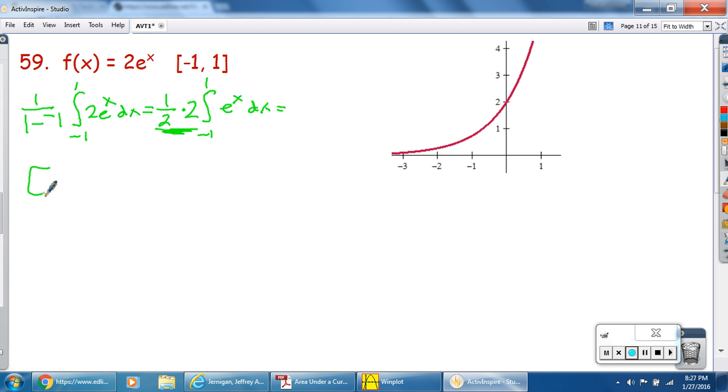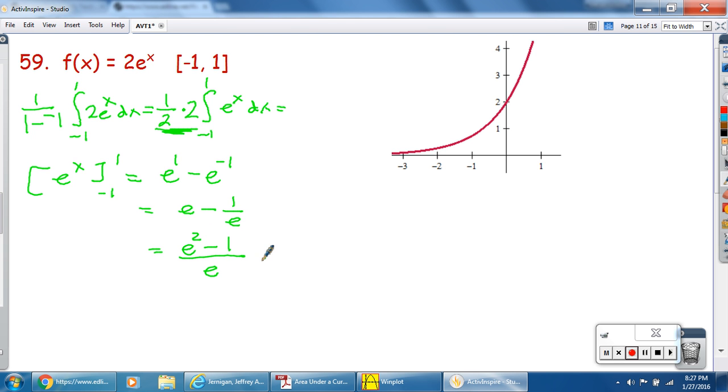And the antiderivative of e to the x is e to the x from -1 to 1. So we're going to evaluate at the upper bound, e to the first, minus the lower bound, e to the -1, which is e minus 1 over e. If I get a common denominator of e, I'll get e squared minus 1 over e.